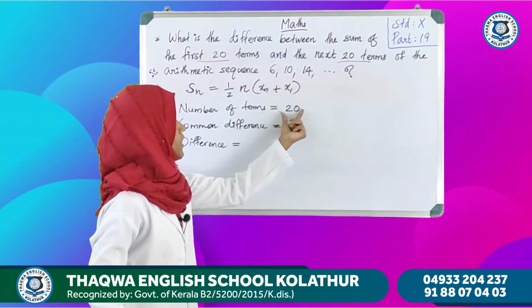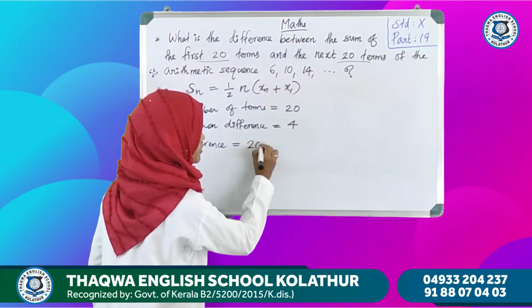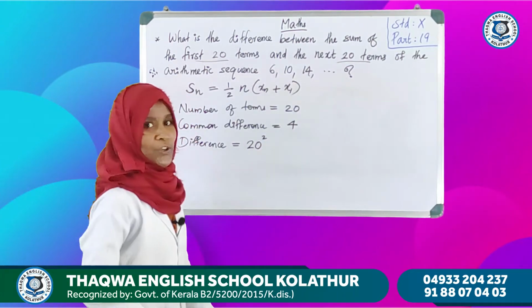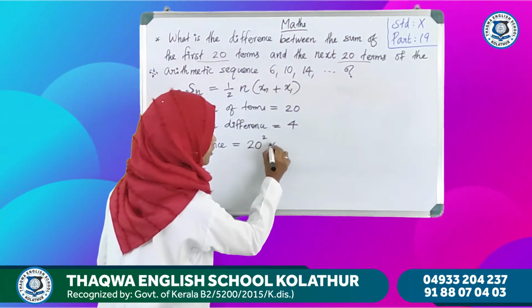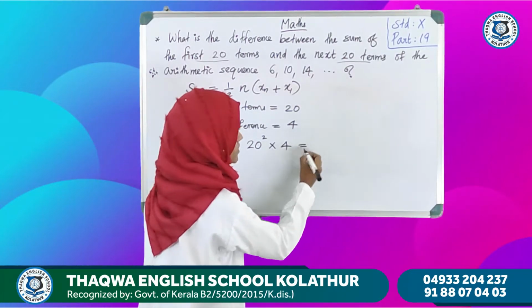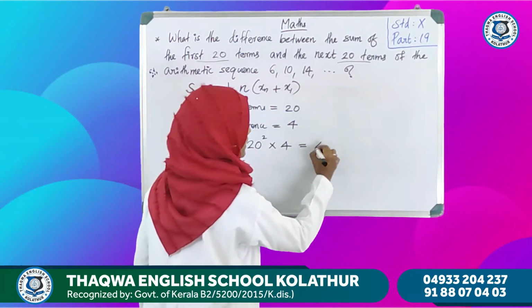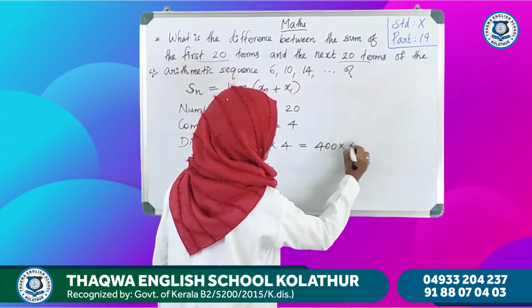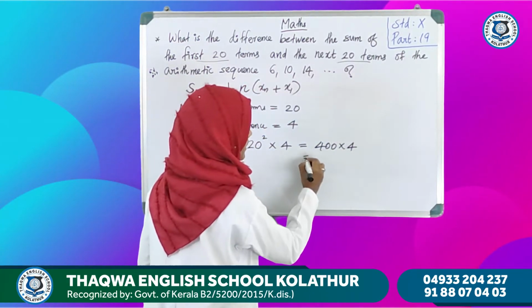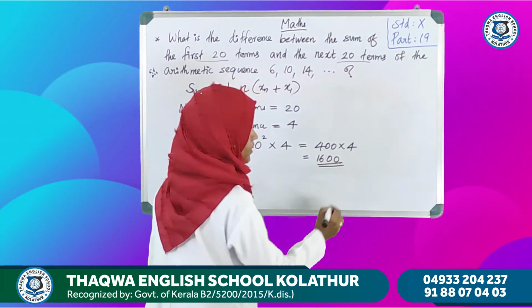The difference is, what is the number of terms? 20. So let us take 20 square, into the common difference 4. What is 20 square? 20 square is 400, into 4, that is 1600.